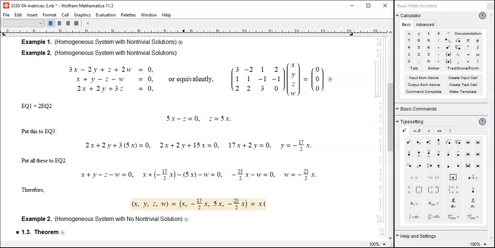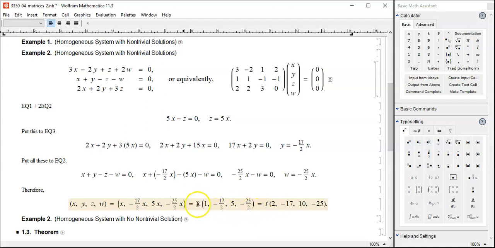And this can be rewritten as x times (1, negative 17 over 2, 5, negative 25 over 2). Or if you don't like the denominators very much, then you can just multiply 2 to everything: 2, negative 17, 10, negative 25.